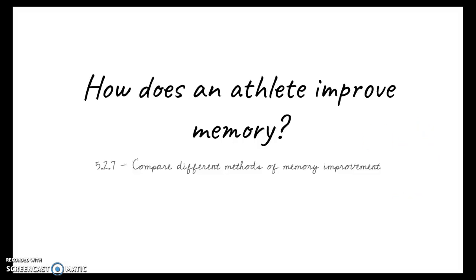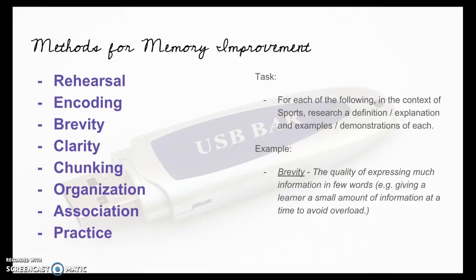So how does an athlete improve memory? There are lots of different ways for us to improve memory. Here is a list. We can rehearse, encode, use brevity, use clarity, chunking, organization, association, and practice.